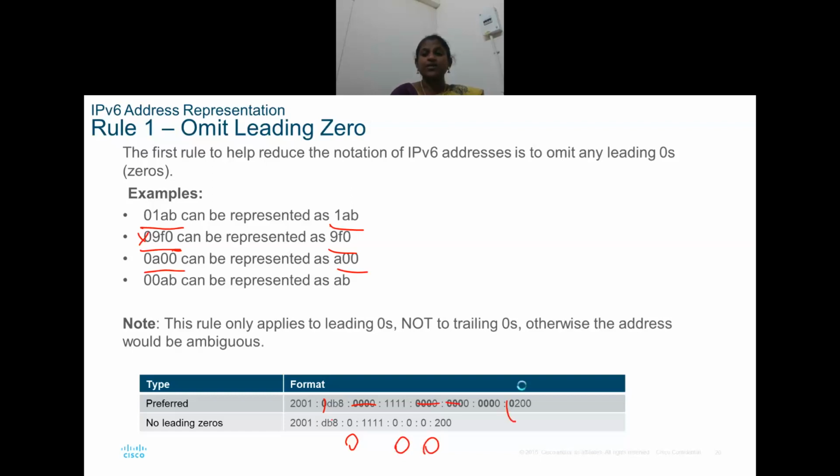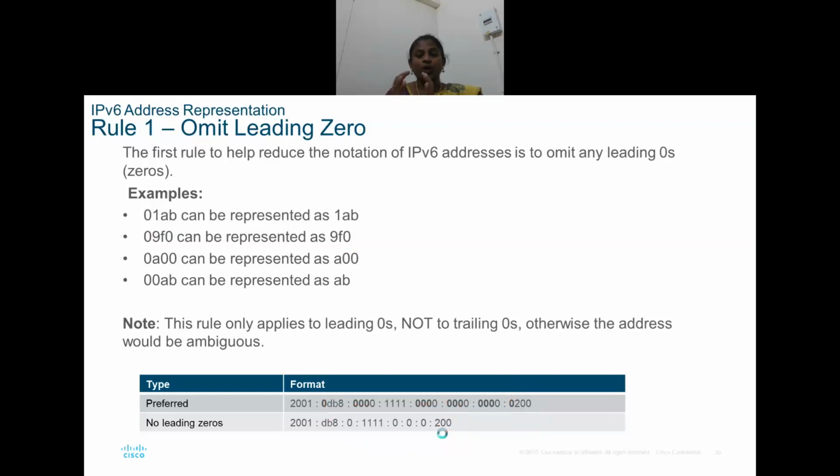And in the last case, it is 0200, so I just write 200. This is how you can make an easy representation of an IP version 6 address. This is rule number 1: you omit the leading zeros.